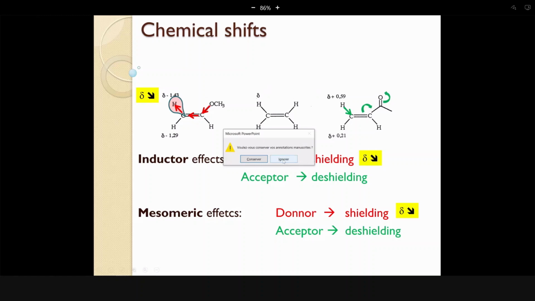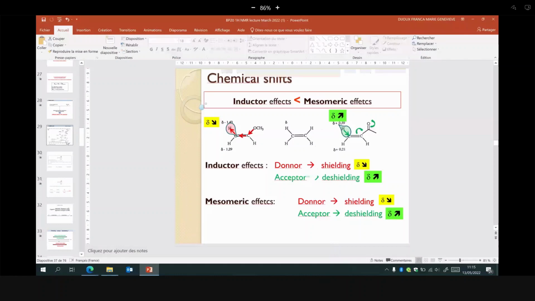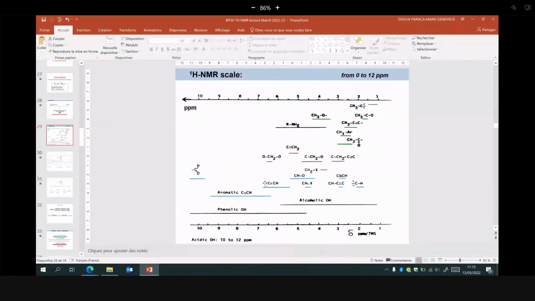When you go back to the table here, the CH2 of the molecule in the middle is here.